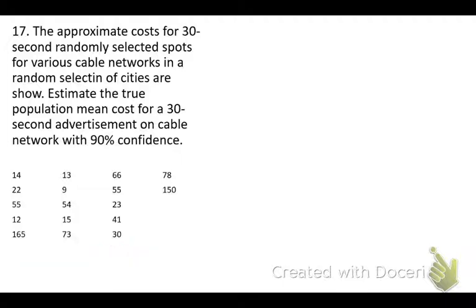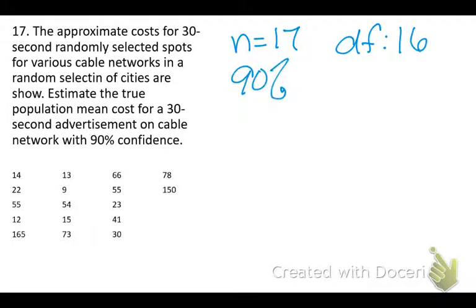Estimate the true population mean cost for the 30-second advertisement on cable network with a 90% confidence, okay? So I can quickly count all of my values here, and I can see that I have a total of 17 values of information. That means my degrees of freedom is going to be 16, and I need a 90% interval for my t sub alpha over 2.